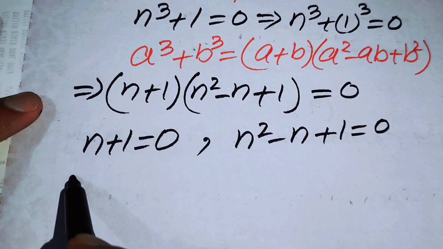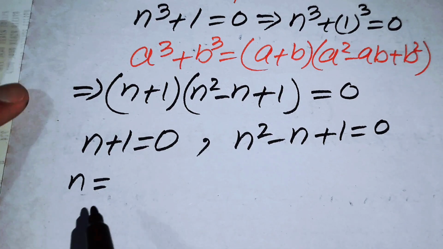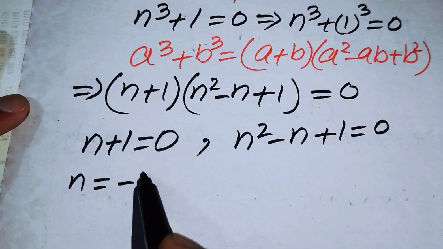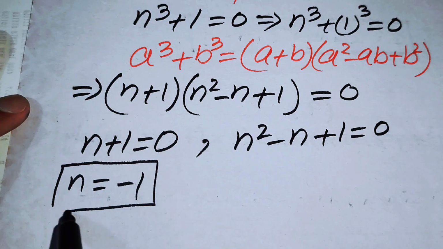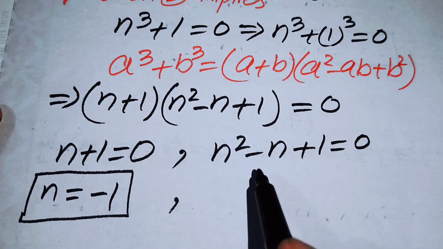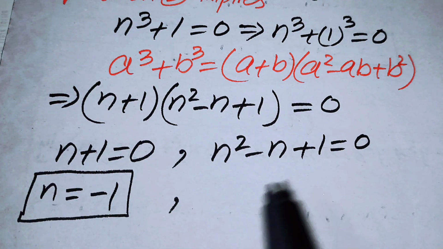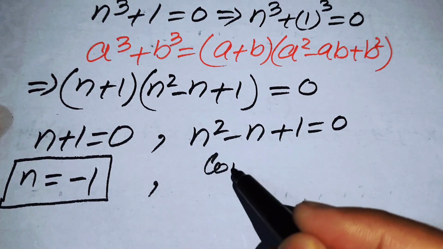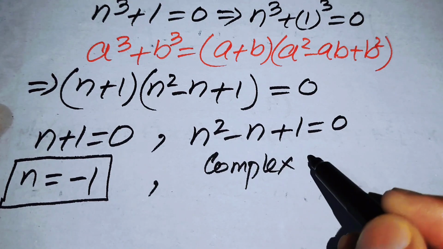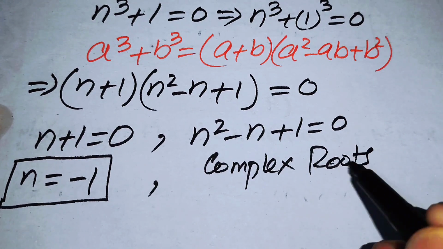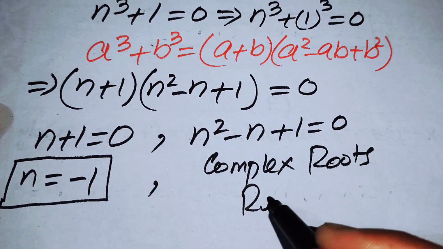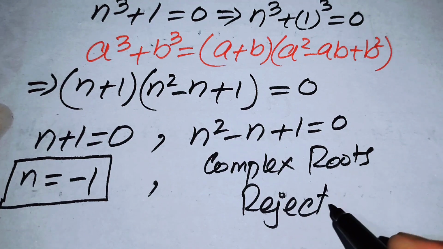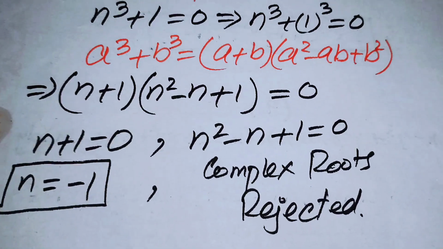So in this case you get the other real root of the given equation, which is n is equal to minus 1, and in this equation you will again get complex roots. But here we need only real roots, so we reject this case.